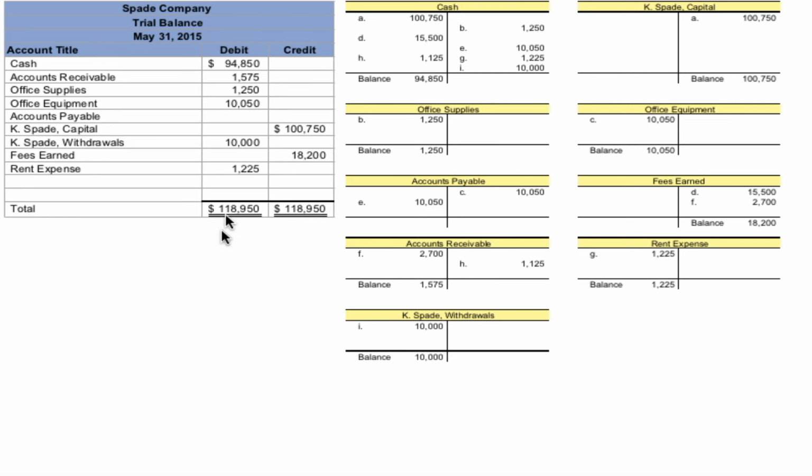If they don't equal each other, and I should speak to this a little bit, the whole purpose of a trial balance, or one of the purposes, is to check your work. Okay? Back in the day, this was a lot more important than it is now, but it is still widely used in the accounting profession. Just think of Valley Health, for instance. Who knows how many transactions go on at Valley Health every day, right?